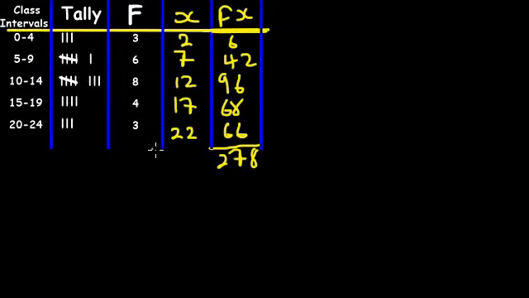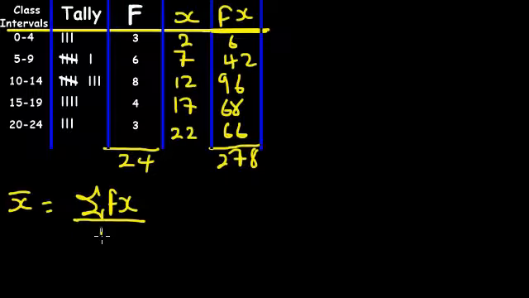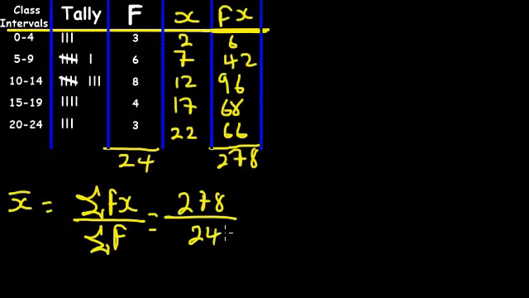And for the summation of f, 3 plus 6 plus 8 plus 4 plus 3 gives 24. So we know that the population mean x bar is simply equal to the summation of fx divided by the summation of f. Summation of fx is 278 and summation of f is 24. So 278 divided by 24.